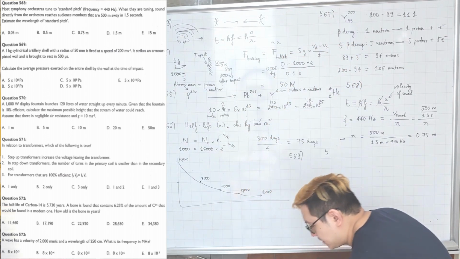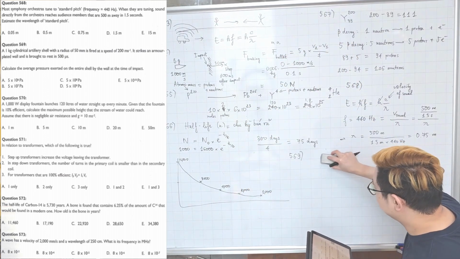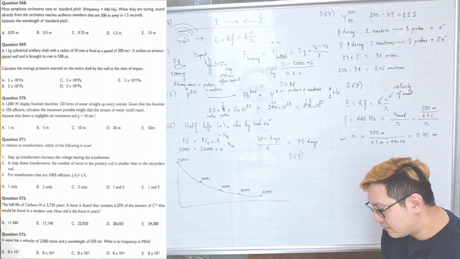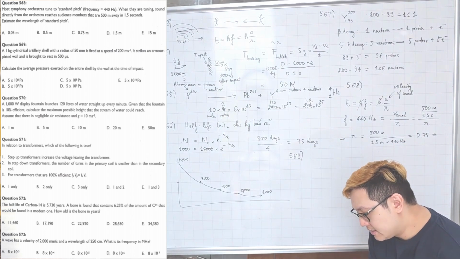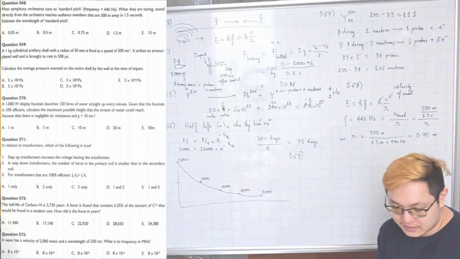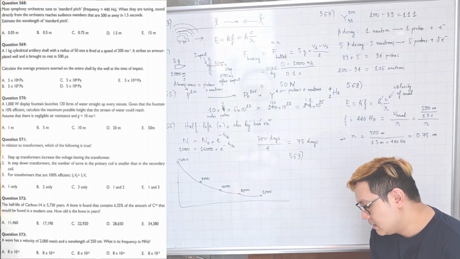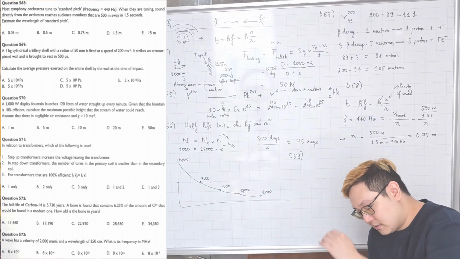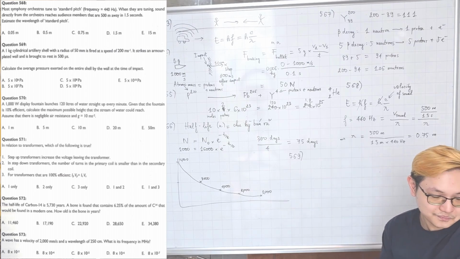Problem 5, 6, 9. A 1 kilogram cylindrical artillery shell with a radius of 50 millimeters is fired at a speed of 200 meters per second. It strikes an armor-plated wall and is brought to rest in 500 microseconds.